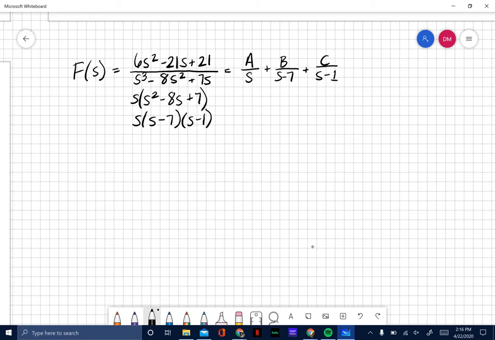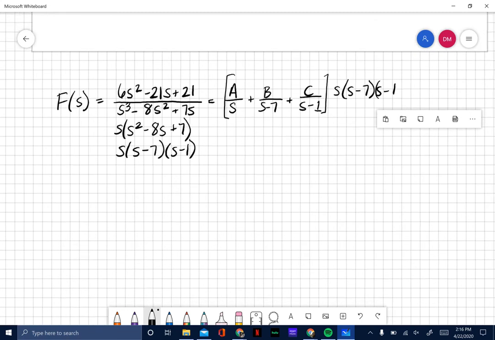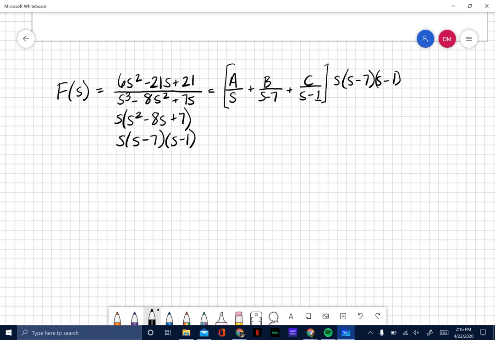For this, we did do a problem like this a little bit earlier on, and we saw that we have to multiply by our lowest common denominator, which would be s times s minus 7 times s minus 1. Upon distributing that, basically every factor other than what's in the denominator is going to be present.